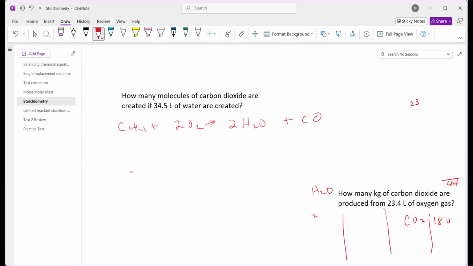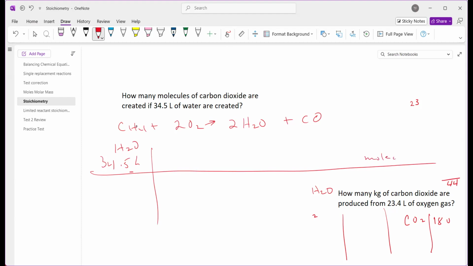Okay, what's given is 34.5 liters at STP. Now we're trying to calculate how many molecules of water, carbon dioxide, I mean.